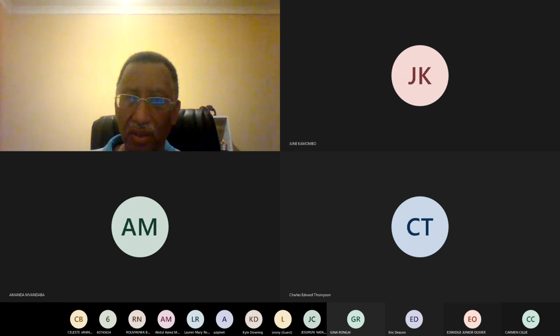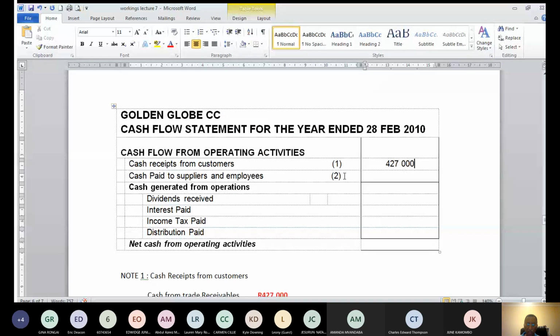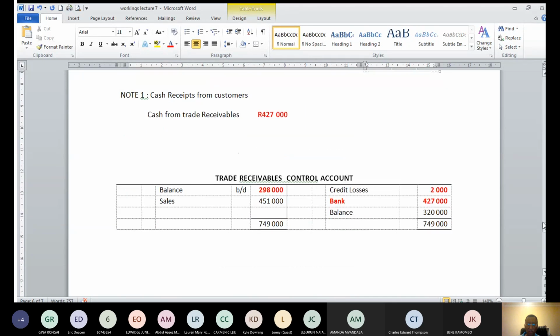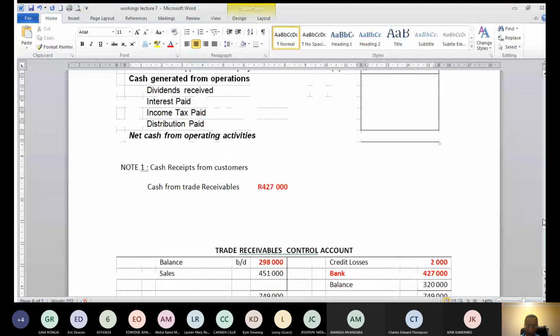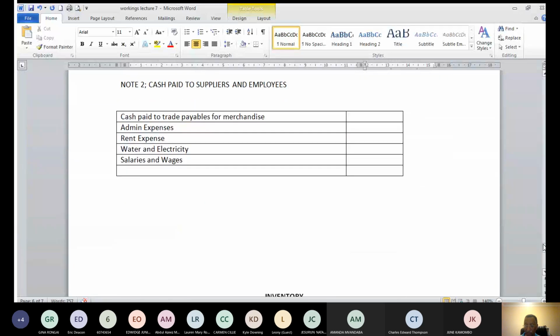I am now going to focus on my cash that was paid to suppliers and employees, which is my note number 2. In my note number 2, the cash that was paid to suppliers and employees, this is a perpetual inventory system.